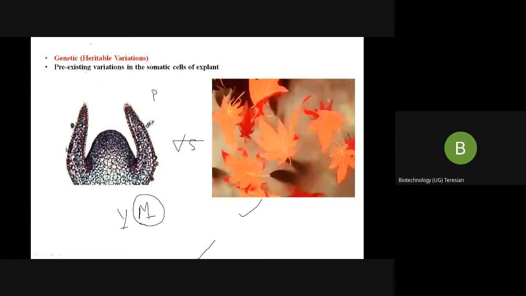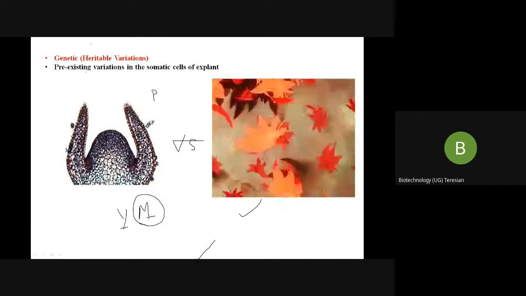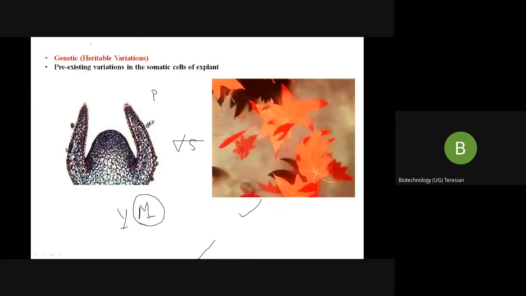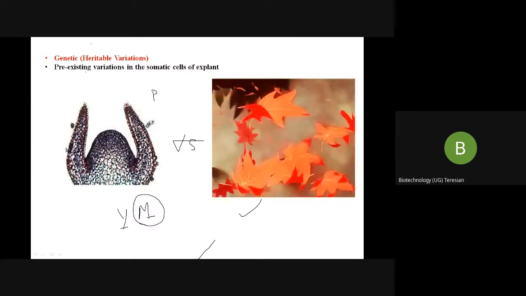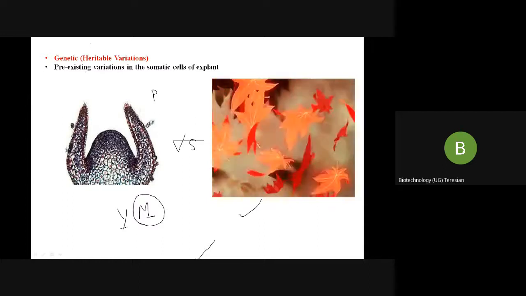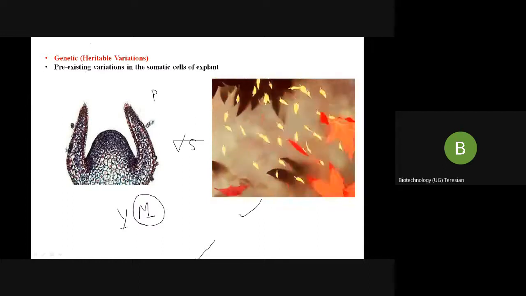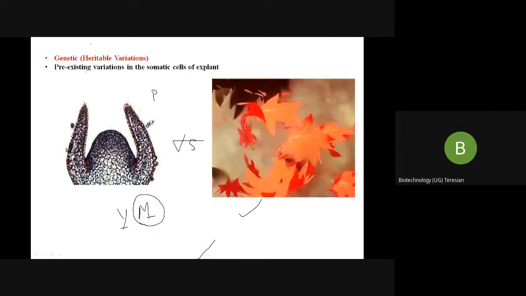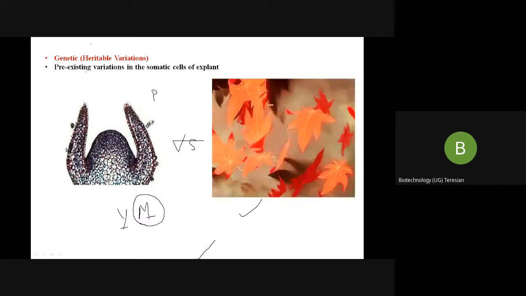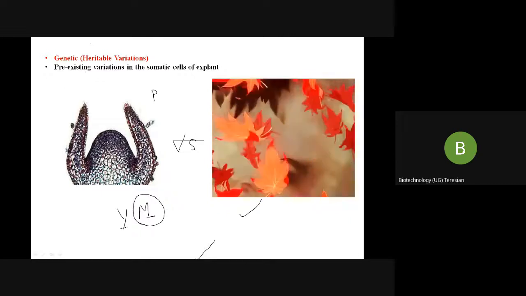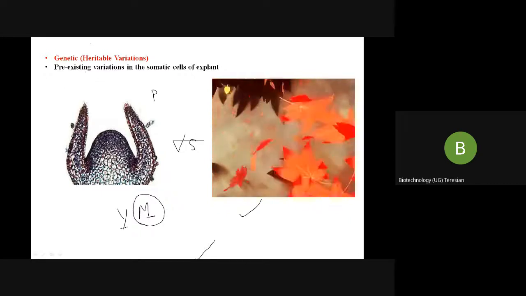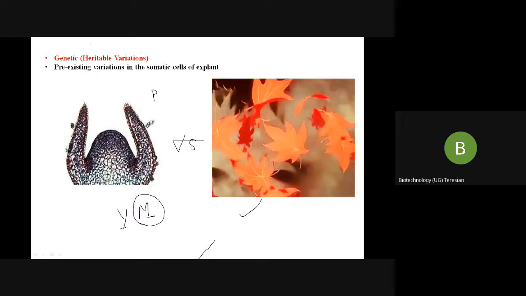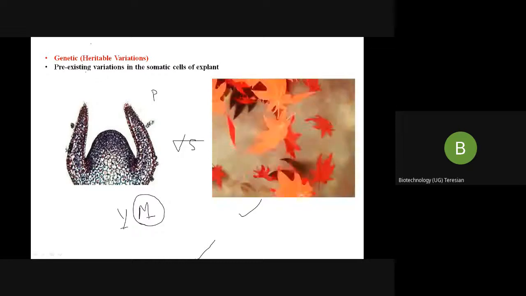It has the function of photosynthesis, so more specialized means more variations. There is scope for more variation in the leaf. Comparing the young leaf and the mature leaf, both are leaf, but the mature leaf is more specialized because age also matters. It has undergone so many variations throughout its lifetime, whereas the young leaf has not.